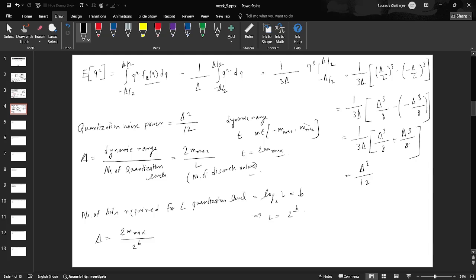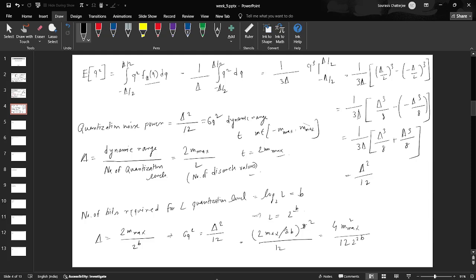So if I denote the quantization noise power here by, let's say, sigma q square, so that implies sigma q square is delta square by 12, so that is you have 2 m max over 2 to the power B whole square divided by 12. That means 4 m max square by 12 times 2 to the power 2B.